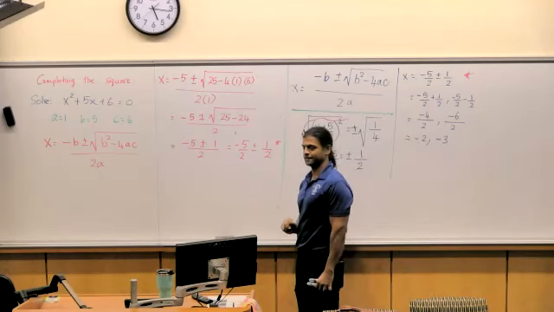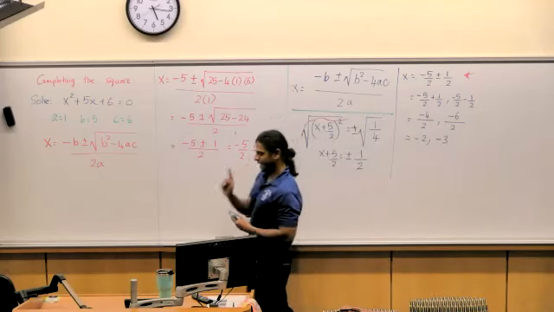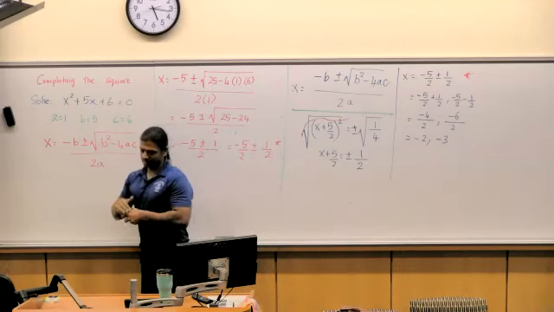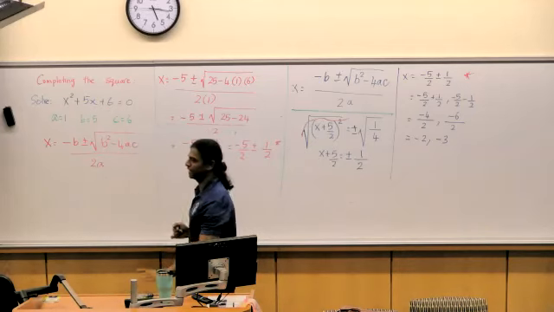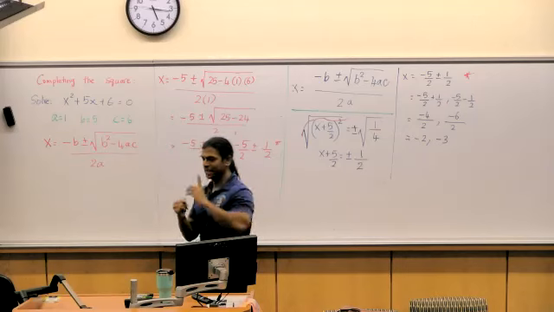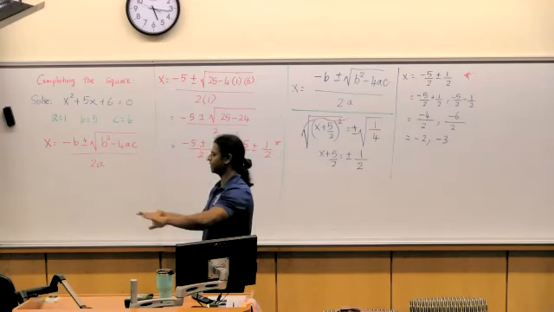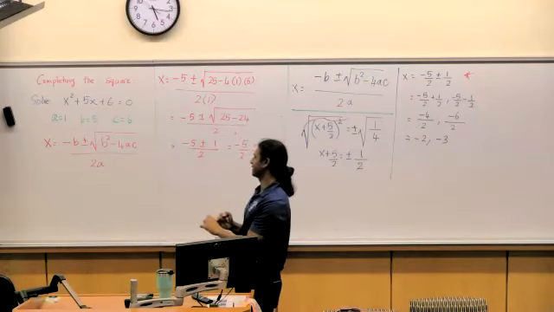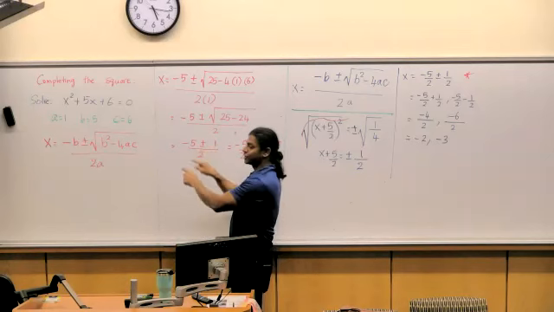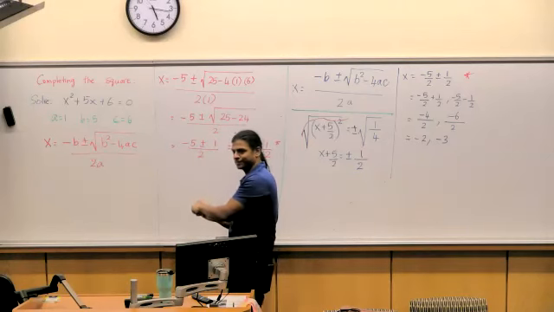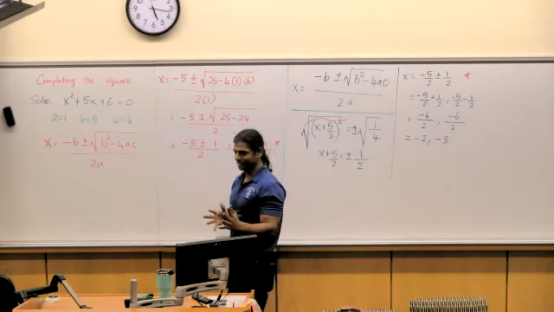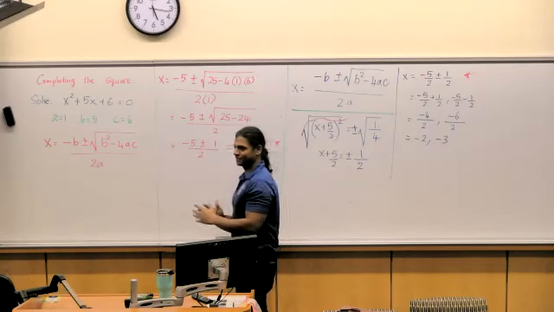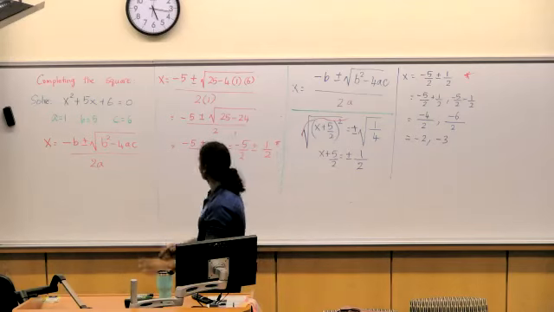Does that make sense? So, anytime you see a quadratic equation, first thing to ask is, can I factor it? If you can't factor it, the next step should be the quadratic formula, not completing the square, unless you learn math. Yes?